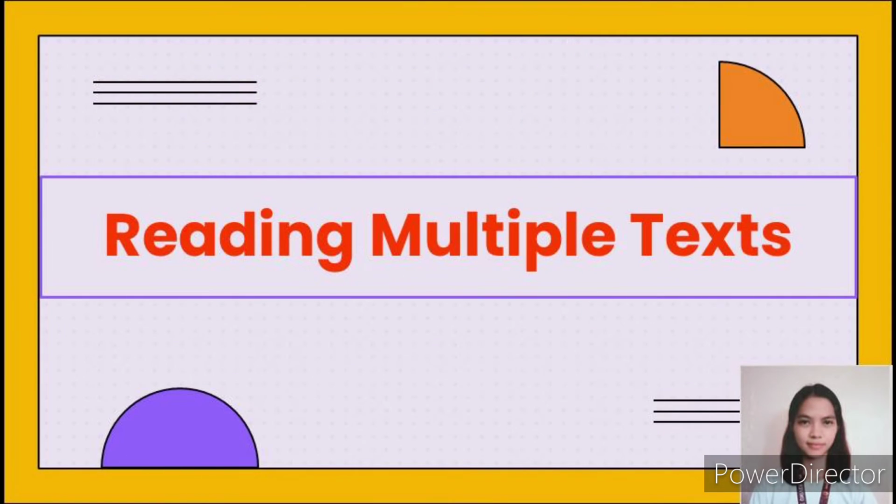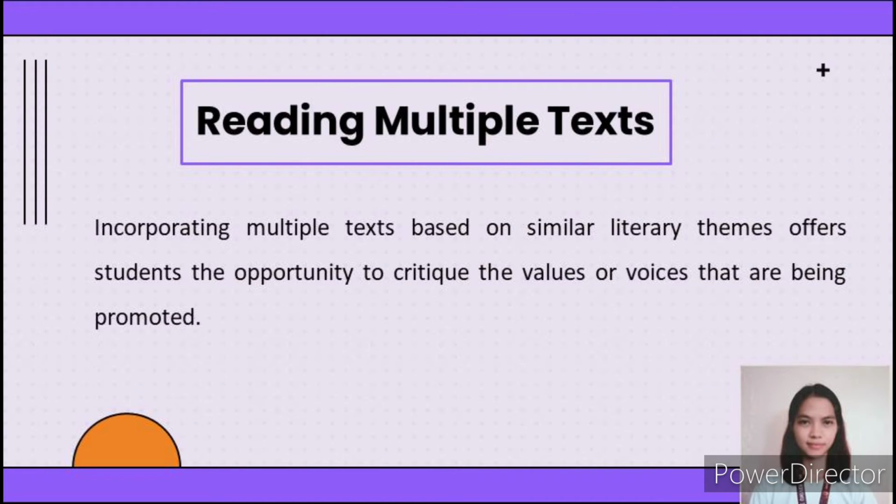Reading multiple texts. Incorporating multiple texts based on similar literacy themes offers students the opportunity to critique the values or voices that are being promoted. Furthermore, this practice challenges the idea that meaning is fixed and encourages students to use evidence to support their interpretation.